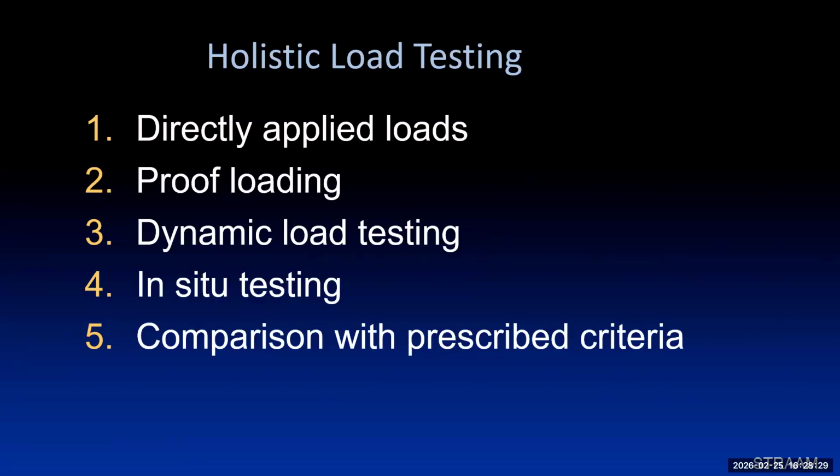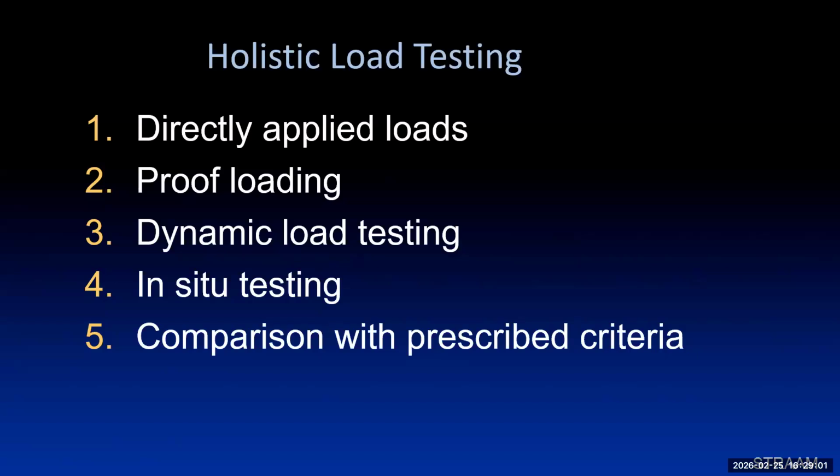So now we also have holistic load testing. We can apply loads directly. We can have proof loading, whereby we will add 10 or 20% of the intended load and make sure that the structure is okay. We have dynamic load testing. Now, I want to tell you, dynamic load testing contains all the information that you can possibly need.